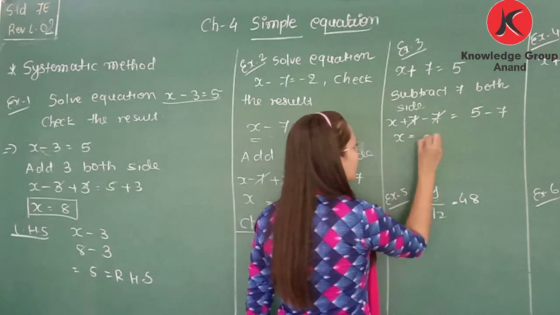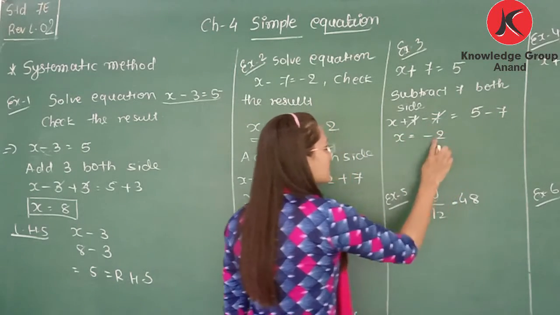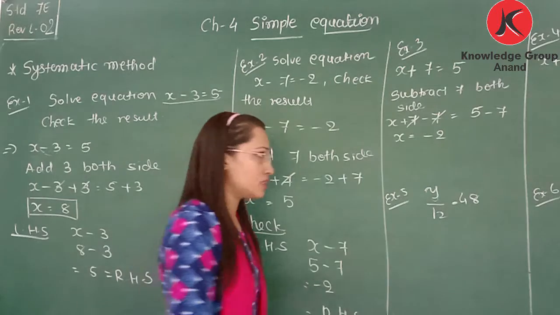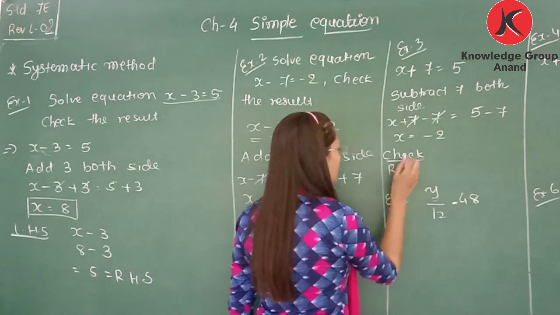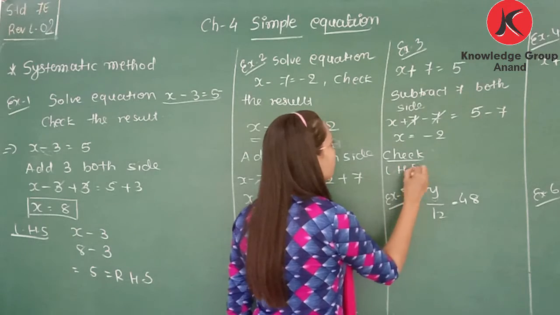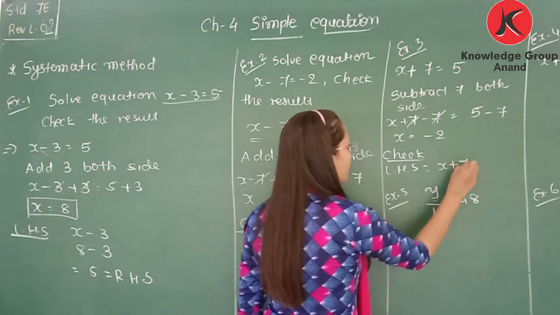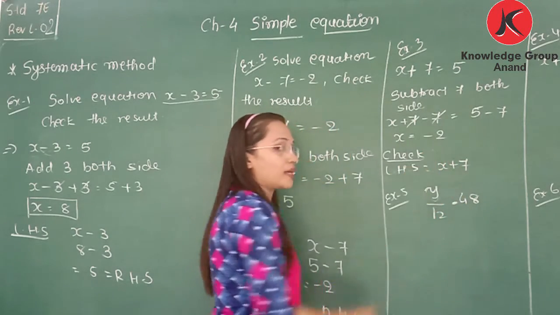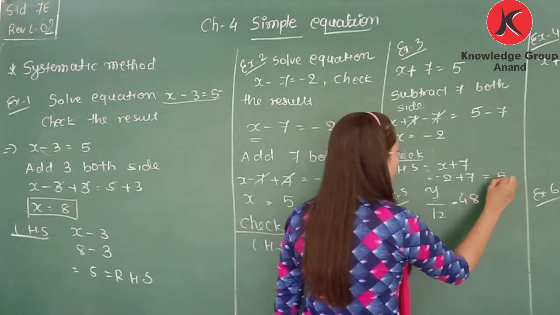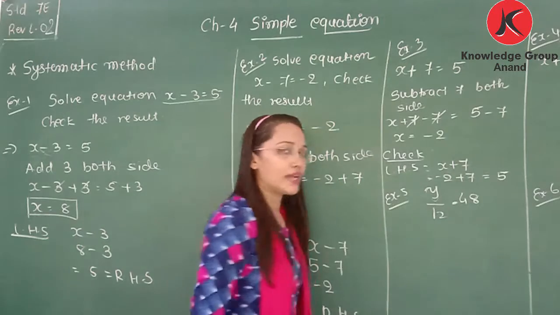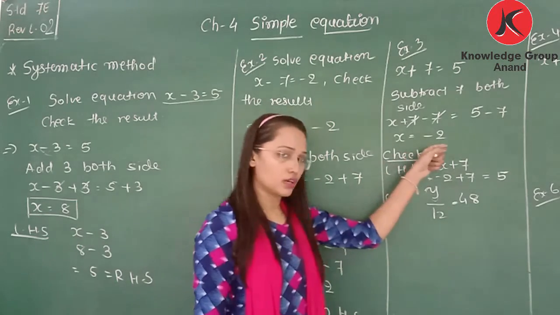So x is equal to -2, because 5 minus 7 is -2. Now check the result. Our left hand side is x plus 7. Instead of x you need to write -2. So -2 plus 7, that is 5. That is our right hand side, means our answer is correct.